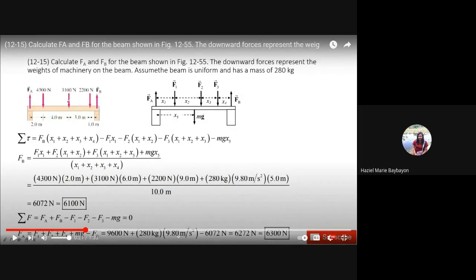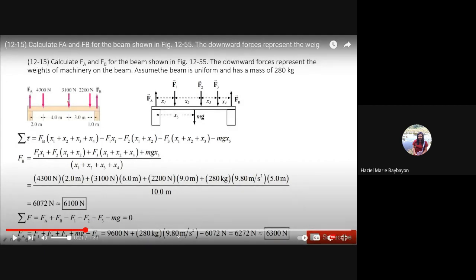Plus 2,000 times 9, 18 again, no? So T2 equals, 18 plus 18, 36, plus 8, 44. Class, can you confirm, please? Okay, so 44,000 newton meter. So this is torque 2.